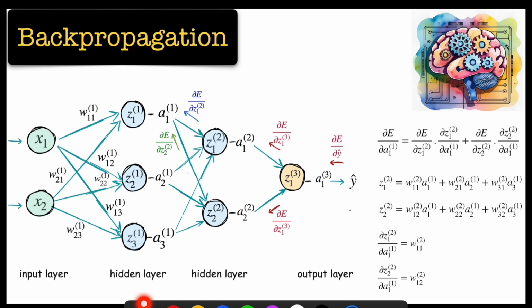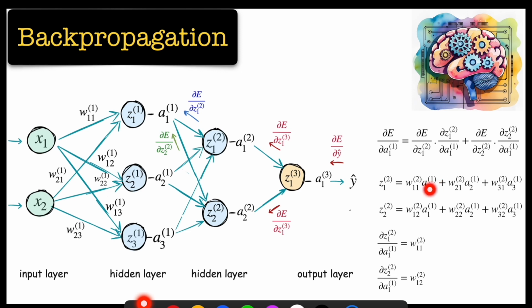If we want to quickly see the calculation as well, Z12 is a weighted combination of these three. I have not taken the bias here for simplicity. Z22 also will be a weighted combination of these three. We can easily calculate del Z12 del A11. These two we have to calculate, because del E del Z12 is already flowing from here, and del E del Z22 is also flowing. Del Z12 del A11 is what?